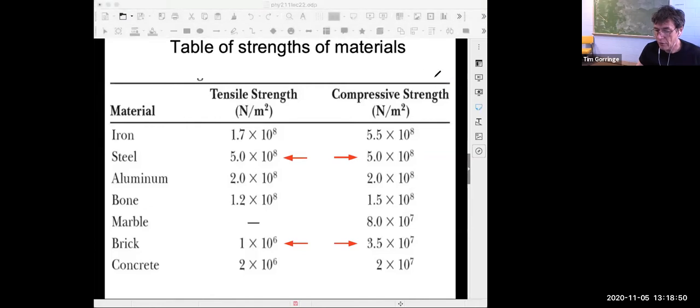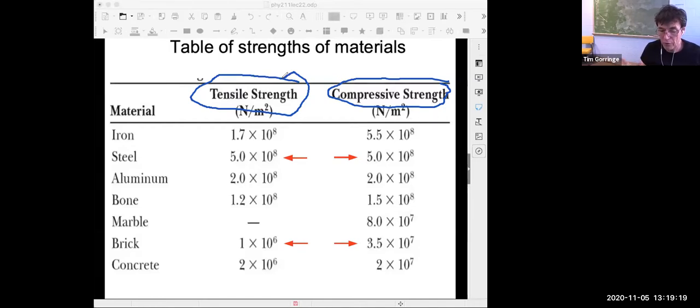And that's over on the right on this table. And if you're stretching your steel rod or your nylon rod, then the maximum stress before it breaks is the tensile strength. So these numbers are not the elasticities of materials that tell you how easy or hard it is to stretch, but they tell you about the breaking, the snapping of the materials when you stretch it or compress it.